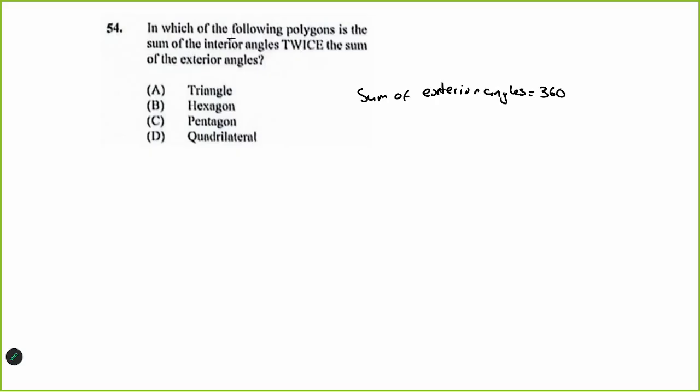So they want to know when the sum of interior angles is twice the sum of the exterior angles. So that means your sum of interior angles is equal to 2 times 360. That would be 720.